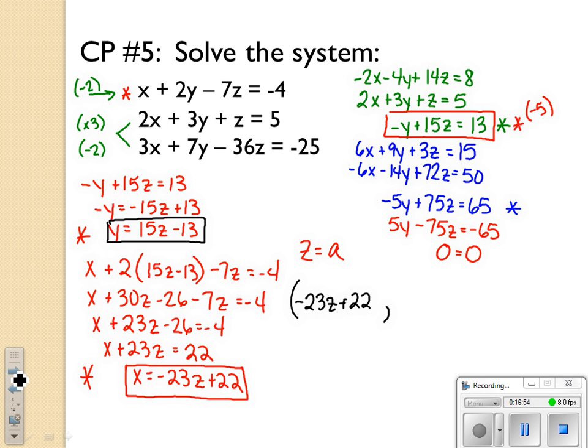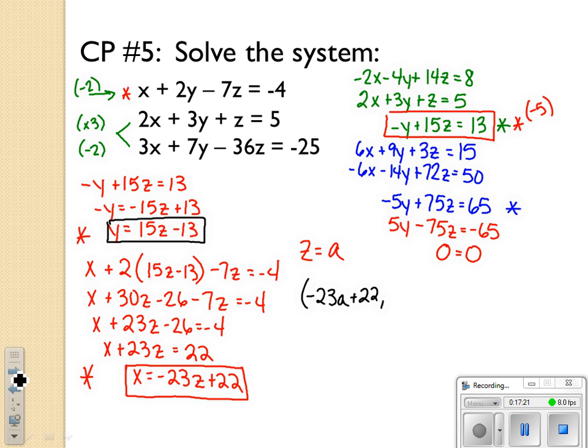For y, we found 15z minus 13. And for z, these are a's. I am going to change it. z is equal to a. Sorry. Negative 23a. I think you guys can see what I'm doing here.